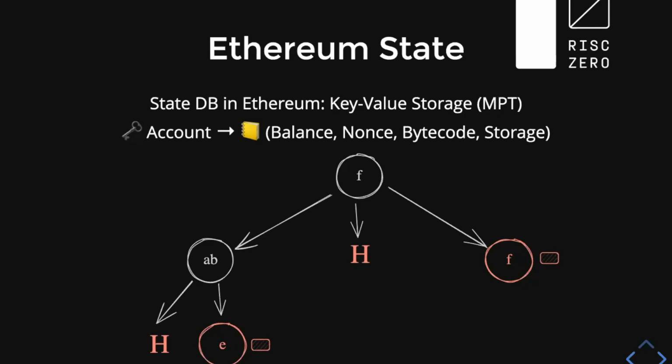And an important optimization that we did here is we create what we call a sparse or a partial Patricia tree. That really is a tree, but only consists of those leaves of those accounts that are relevant for us, and everything else, a huge percentage of the tree, is pruned by the hashes.